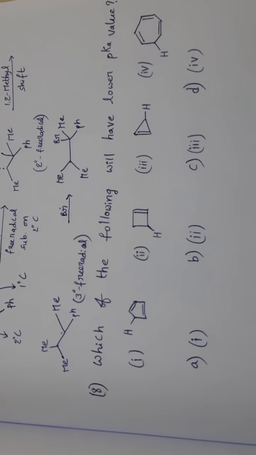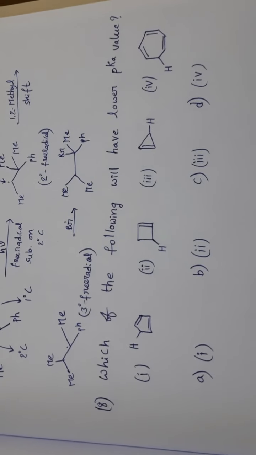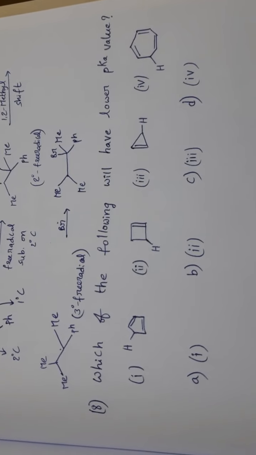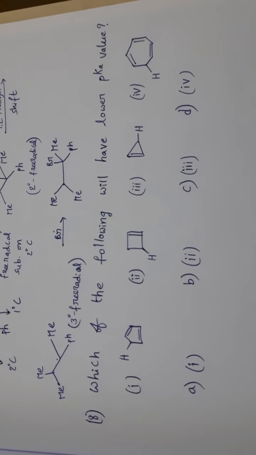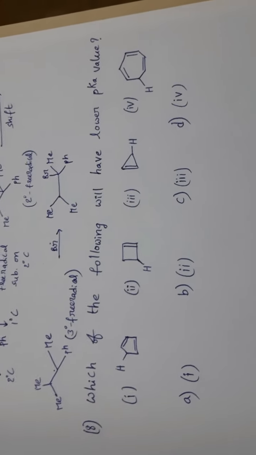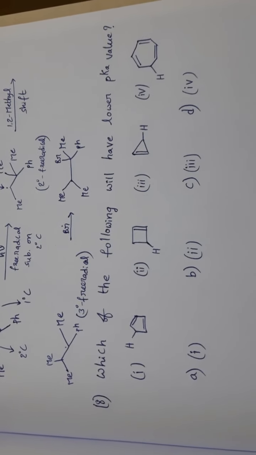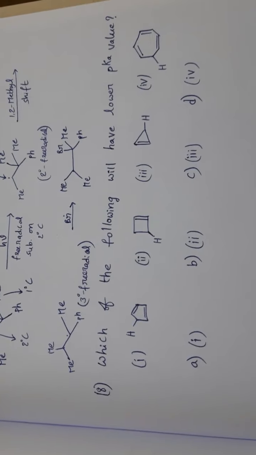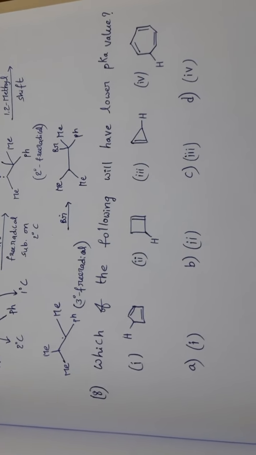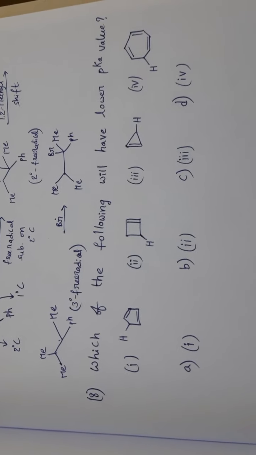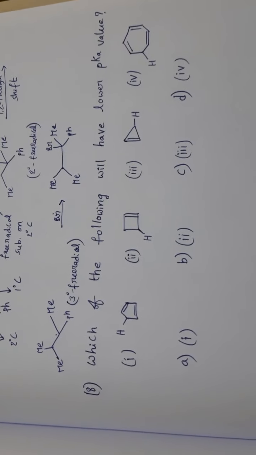Next, which of the following will have lower pKa value? 4 compounds are given. Lowest one we should identify. pKa value having low value. So pKa means based upon Ka value we can determine pKa value. Ka means acidic character is more, then Ka value is more.